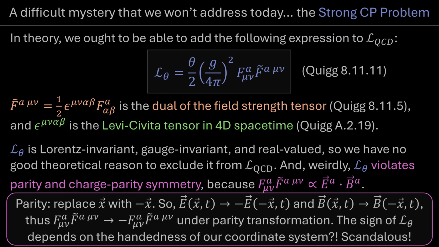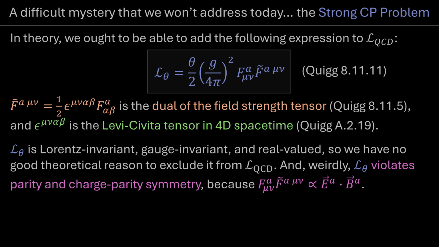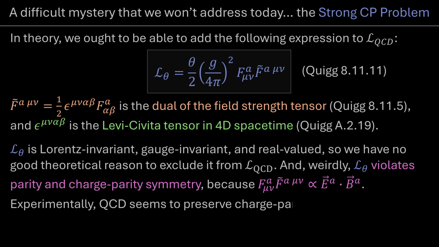But on this basis, we can say that theoretically, if we're building a gauge theory based on local SU3 symmetry, then in principle, it is possible to have a term in our Lagrangian which violates charge parity symmetry. It's very strange. But now here's the mystery. Experimentally, quantum chromodynamics does seem to preserve charge parity symmetry, as far as anyone can tell.